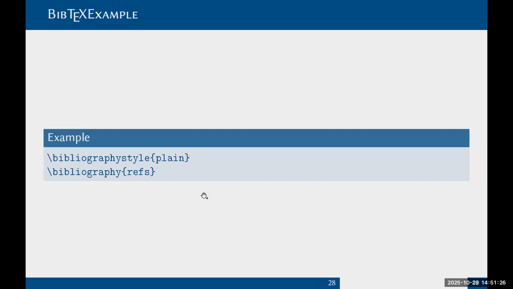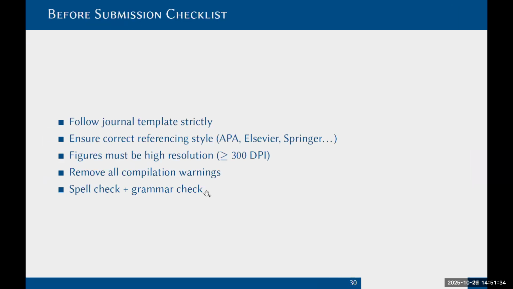And you can define your bibliography styles accordingly. Okay, so journal formatting. Follow the journal template strictly. Ensure correct reference styles that I showed you, APA, Elsevier, Springer, and other journals' reference styles as well.